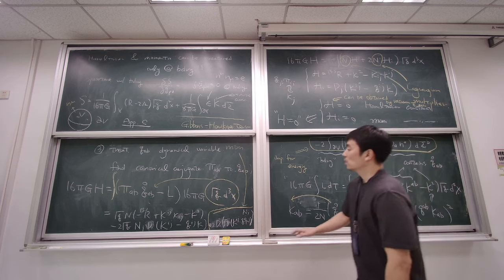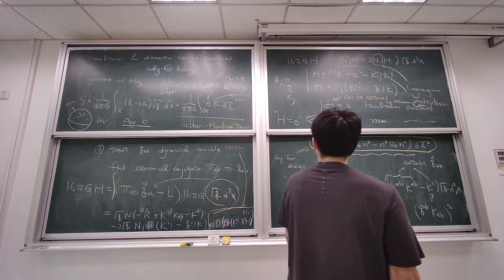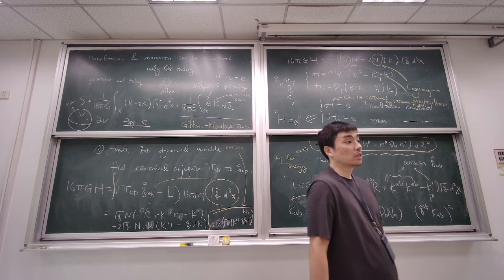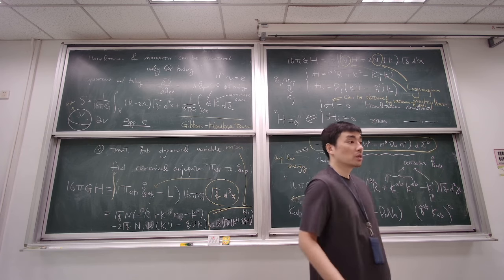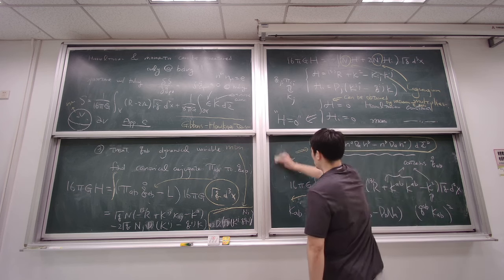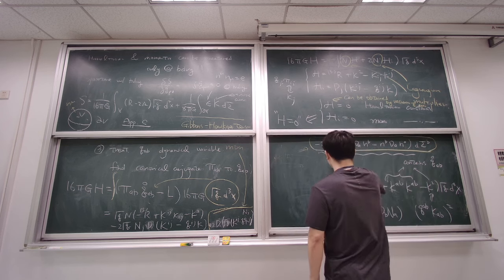Usually delta g_mu nu is equal to 0, right? This is what we usually do. But what does this physically mean if it's not 0? Interpretation.